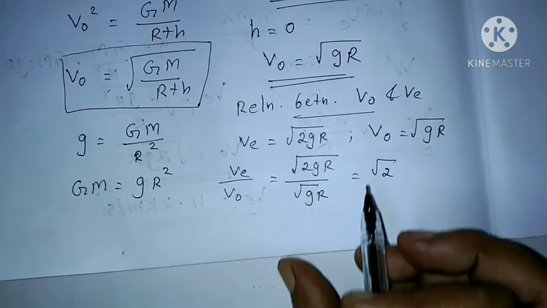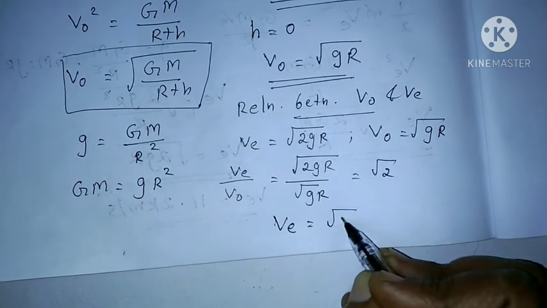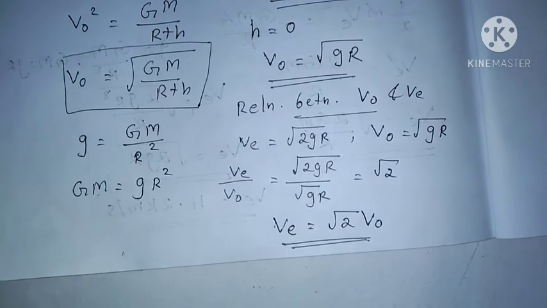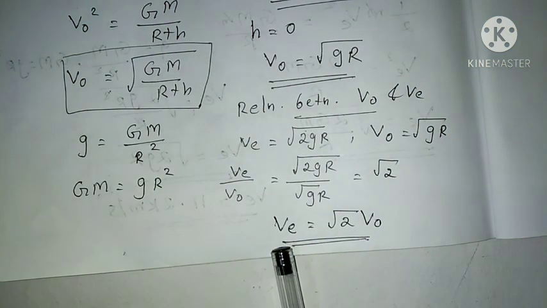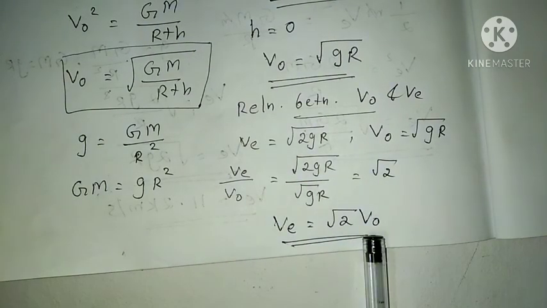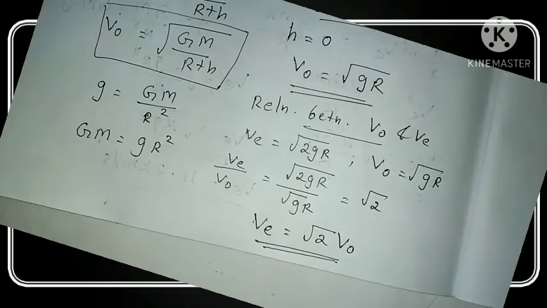So we can write the escape velocity Ve equal to root 2 v0. This is the relation between orbital velocity and escape velocity. That is, the escape velocity of a body from the Earth's surface is root 2 times its velocity in a circular orbit just above the Earth's surface. Clear?